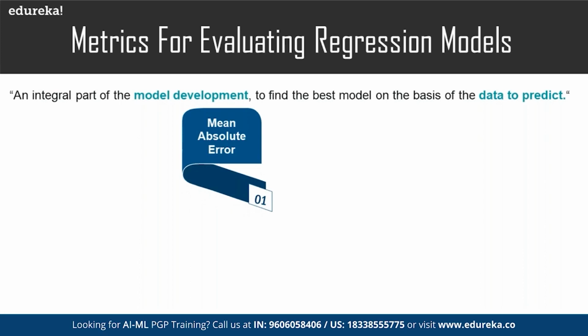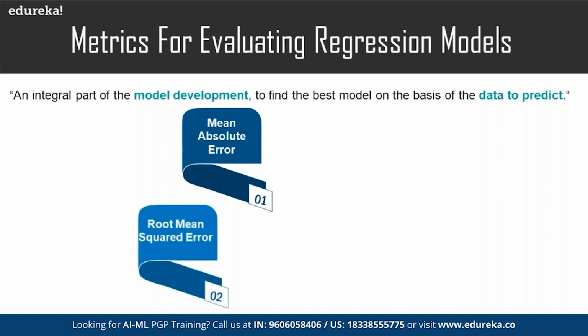So the next one, the mean absolute error, is again such an important metric, and root mean squared error, or RMSE in short, and mean absolute error we call MAE in short. And we have mathematical formulas given for all of these. RMSE is the predominantly and most used error metric while we go about evaluating a regression model.